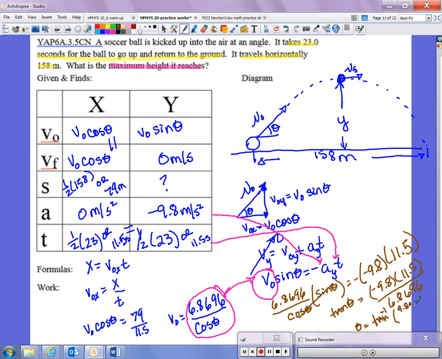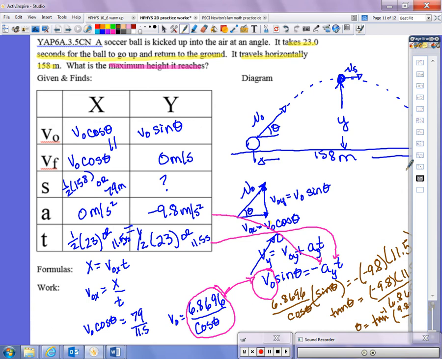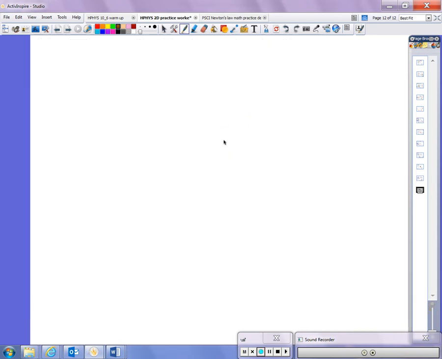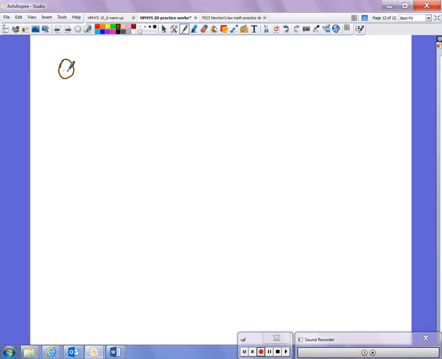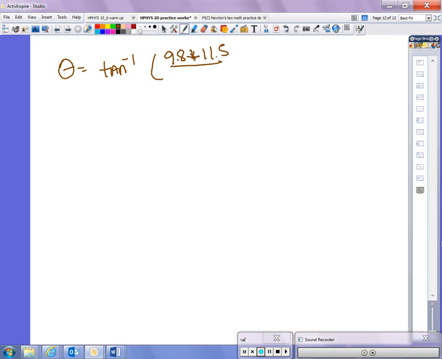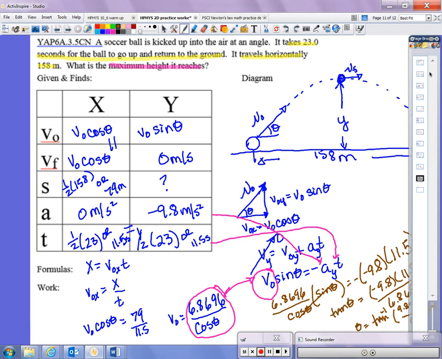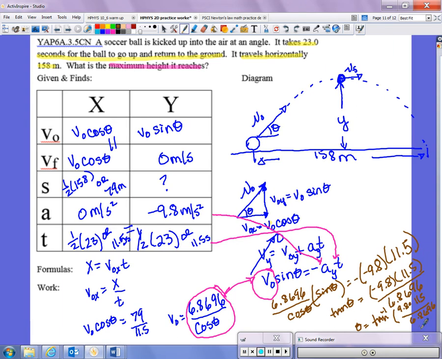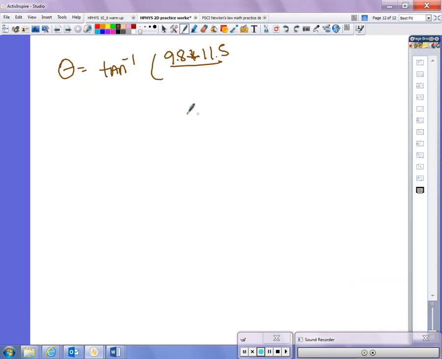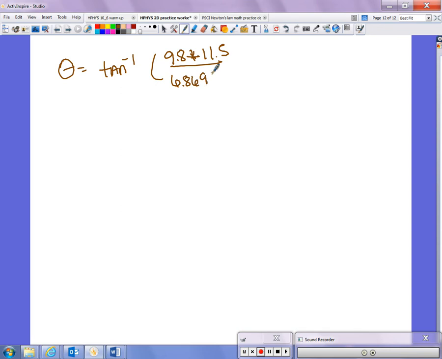9.8 times 11.5 divided by 6.8696. I'm running out of space here, so let me go back down to this page and make sure I've got it all in here. So theta is equal to the inverse tangent of 9.8 times 11.5 divided by 6.8696.